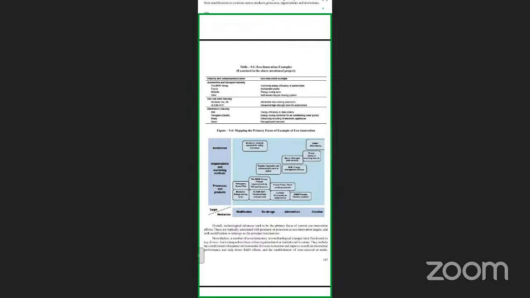And when you're talking about the iron and steel industry, Siemens and VAI have alternative iron making processes, and ULSAB and AVC have advanced high strength steel for automobiles.